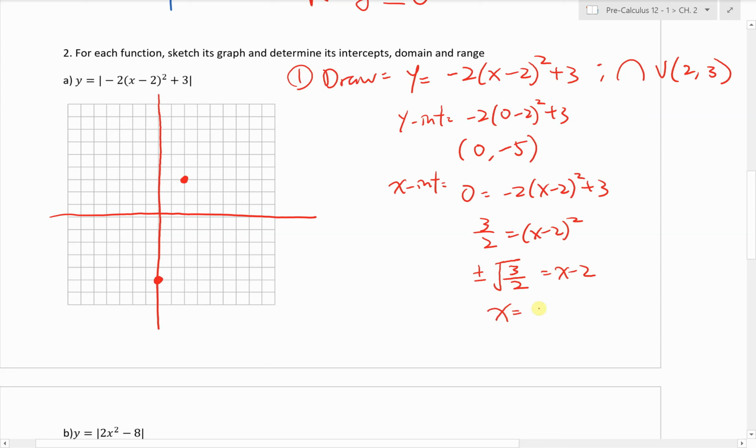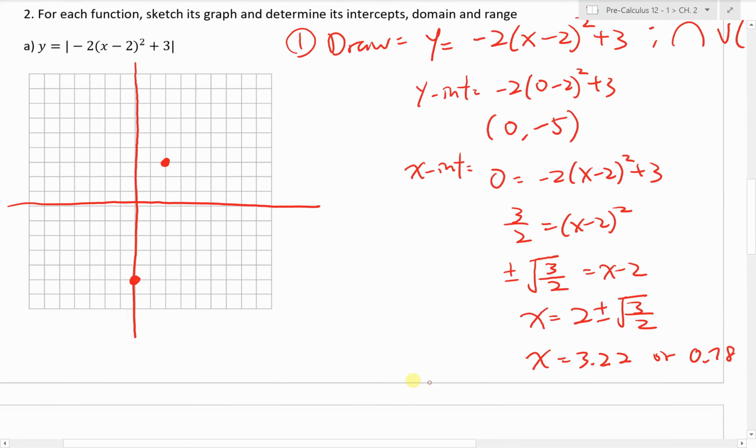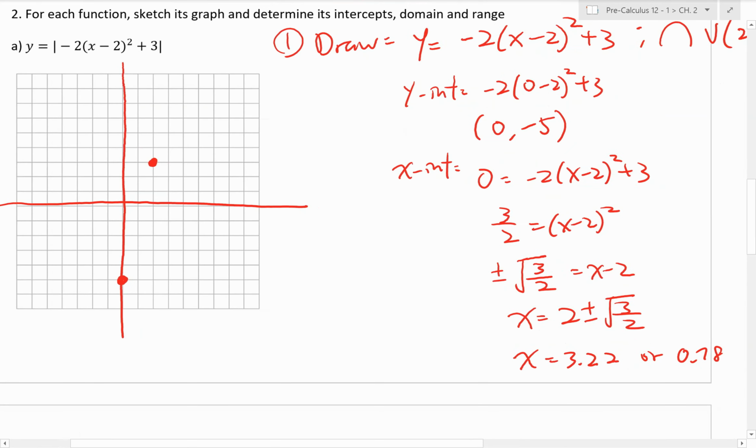Solving for x, you add 2, so 2 plus or minus the square root of 3 over 2. Putting this into the calculator, you should get approximately 3.22 or 0.778. The grid is a bit small here. Let's see, 3.22 will be right here.